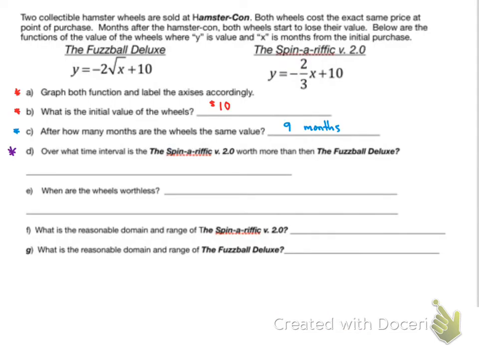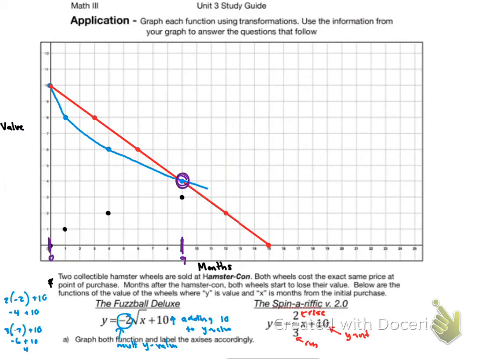So over what time interval? From 0 to 9, right? And we can't say that it's equal to 9, because when it's 9, they're the same price. It's not worth more. They're worth the same. So we can't include 9, and we can't include 0.